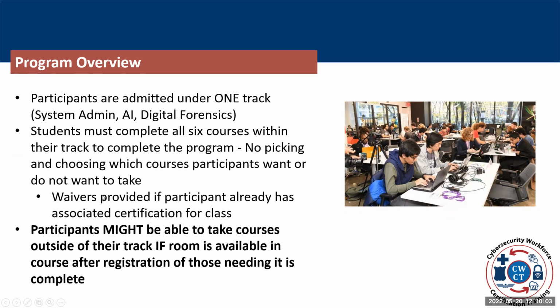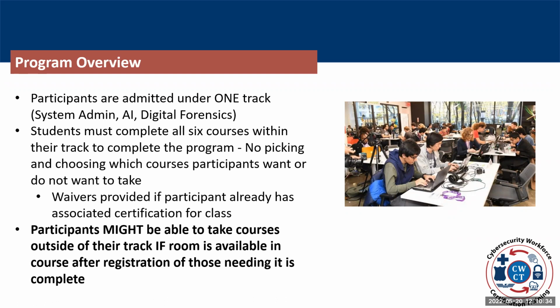If there is room in the course after everybody who needs it for their particular track is registered, if there is still room available, then we might be able to offer you that additional course. If you are ever eligible to take an extra course, this typically happens when you maybe already have one of the certifications, so you don't have to take that particular course or something like that.